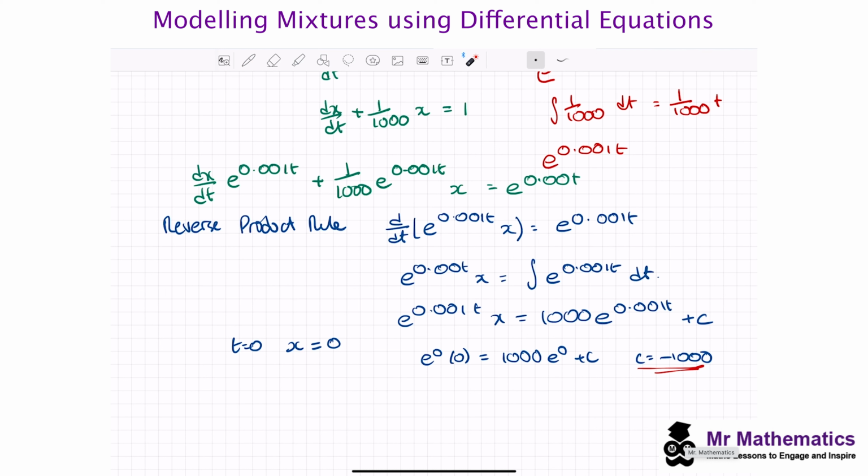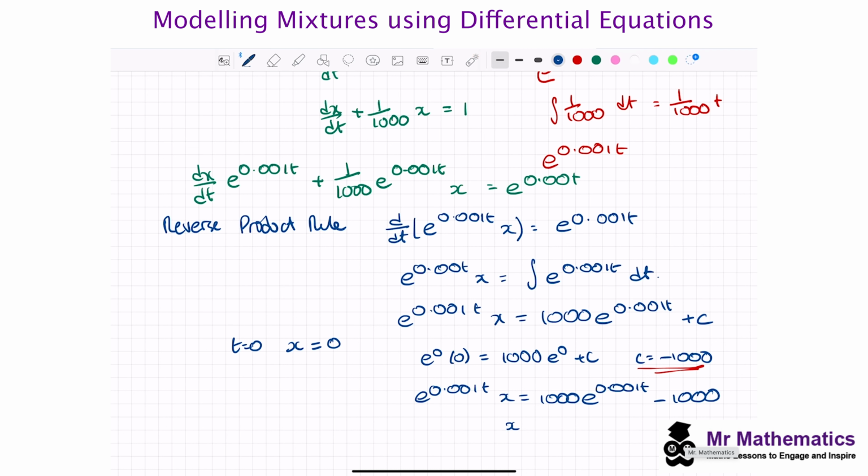And now we can put this value of c back into here. So e to the 0.001t times x will be 1,000 e to the 0.001t minus 1,000. So now we can divide both sides by e to the 0.001t.